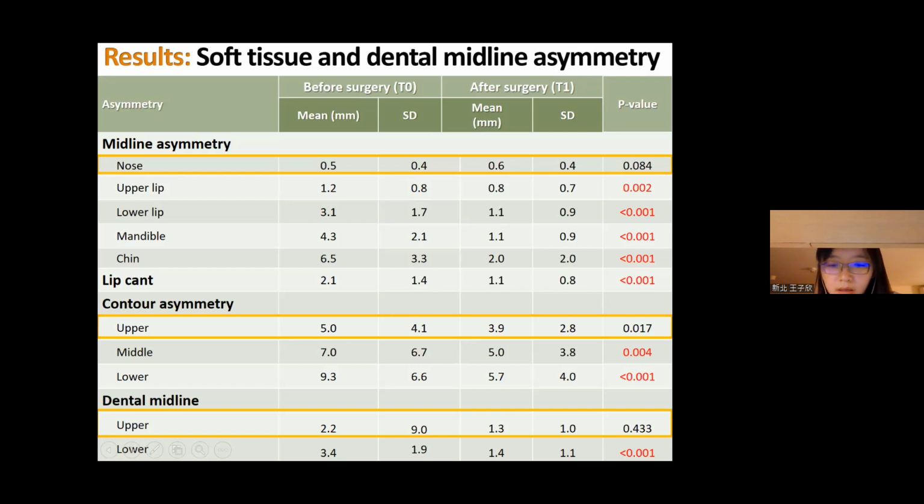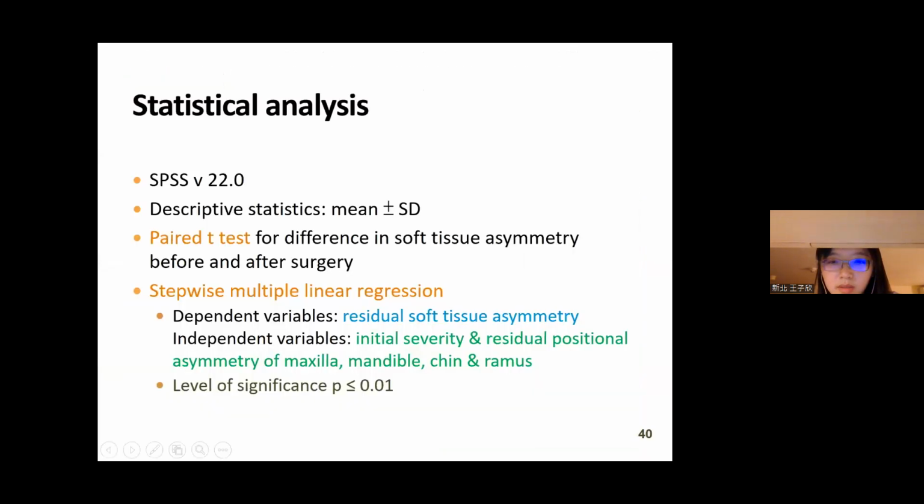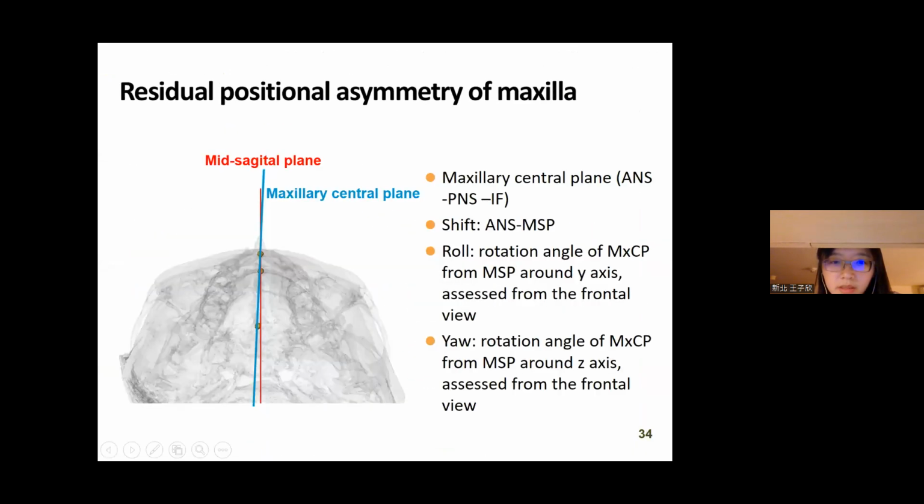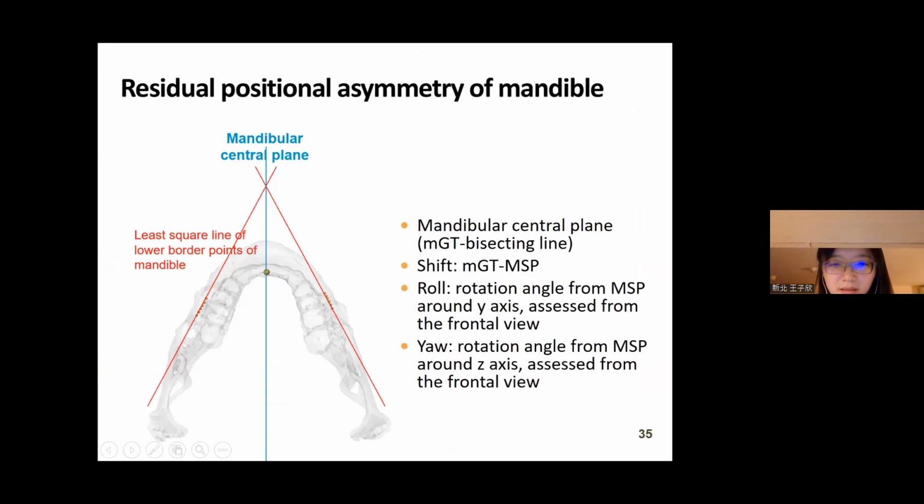For this part, Dr. Liao helped me check all of the cases, to make sure that after I placed the three points, they are really in the center of the maxilla and the mandible. I think it's the most difficult part of my study.